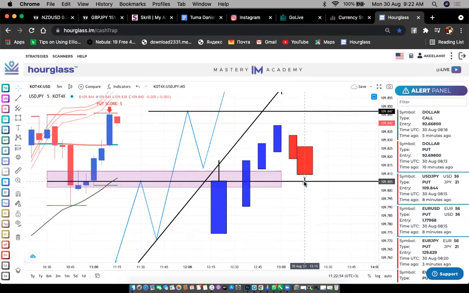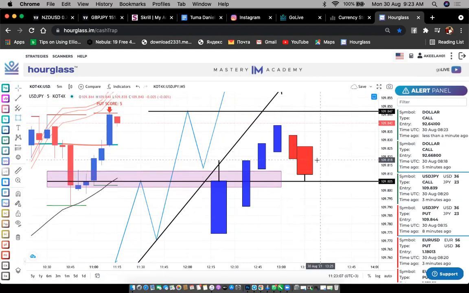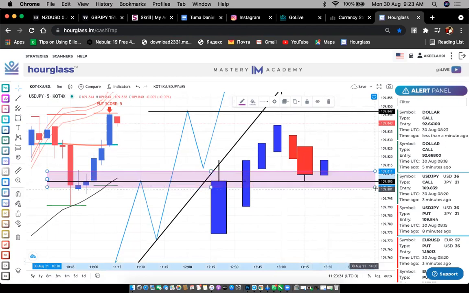Can you see the rejection? Sorry, my drawing is not really that good, but we can manage it. Wait for this rejection. If you see this rejection, trust me, the next candle is going to open up like this, maybe as a blue. And boom. So you enter this area, 3 minutes.